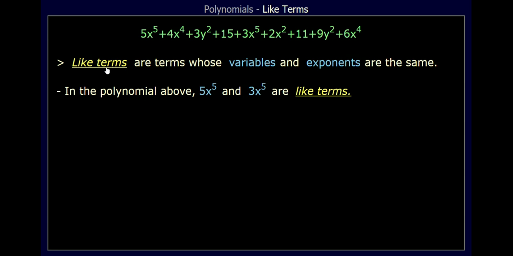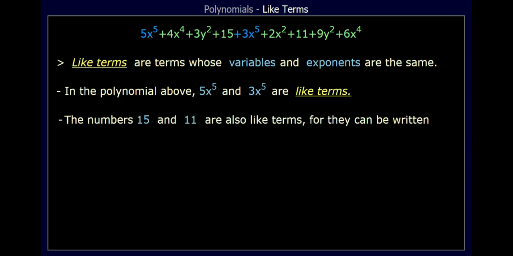Like terms are terms whose variables and exponents are the same. I'll give you an example. If I go up here, this one and this one both have an x and they're both raised to the power of 5. So those are like terms. Turns out the 15 and the 11 are also like terms.